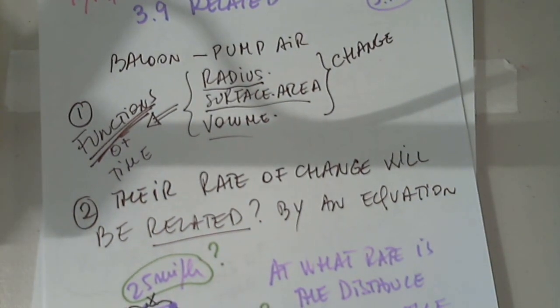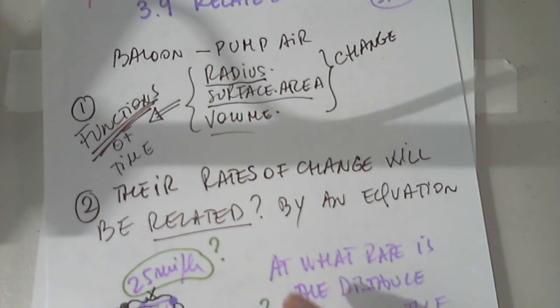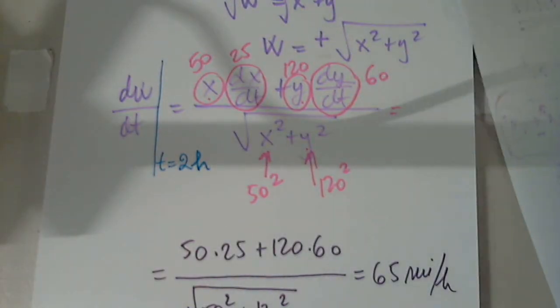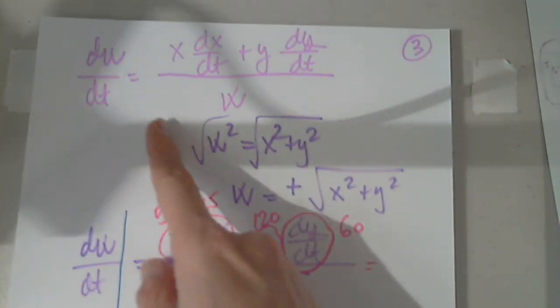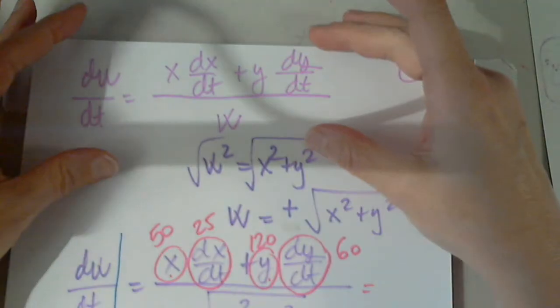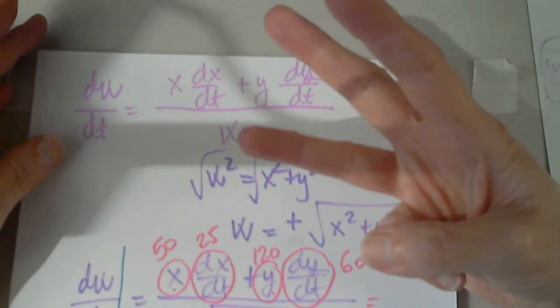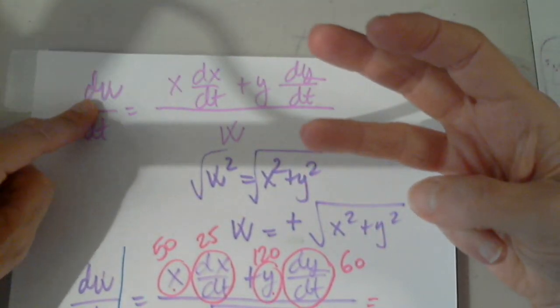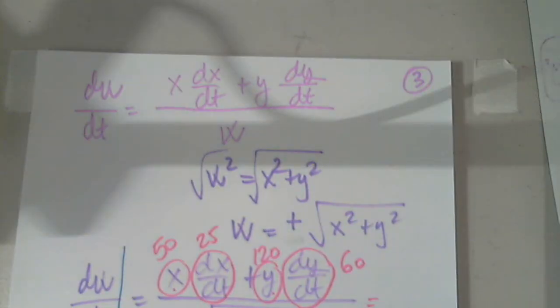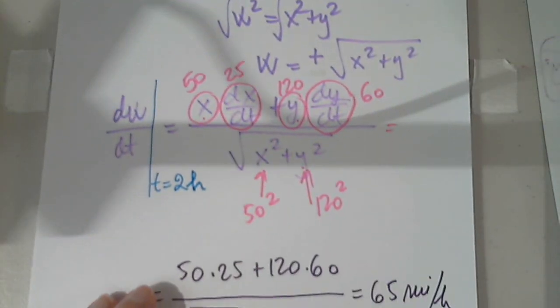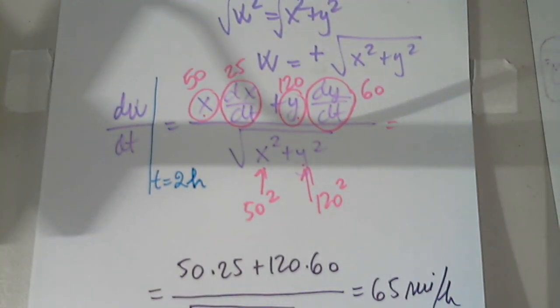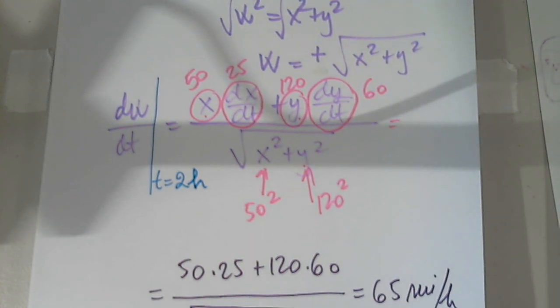Maybe I should write rates. So their rates of change are related. How are they related? By this relationship. This is an equation that relates three rates of change. 1, 2, 3. Okay. Any questions on this problem before we move on?